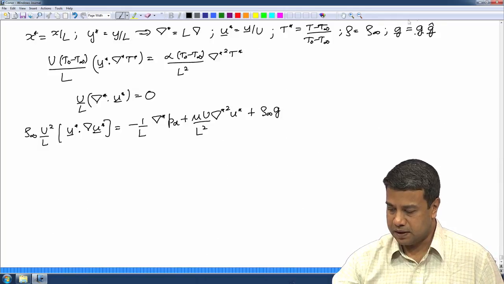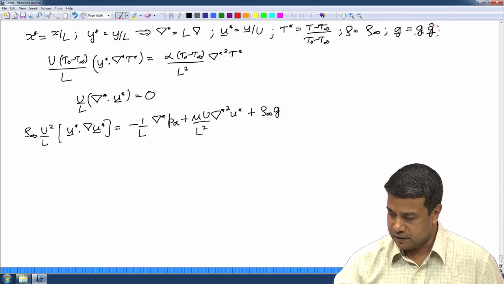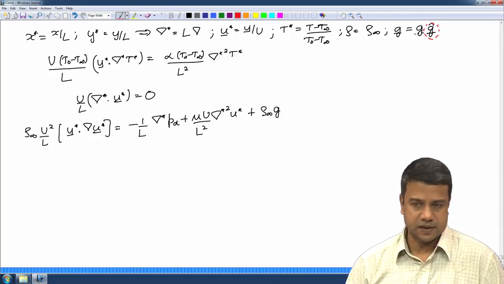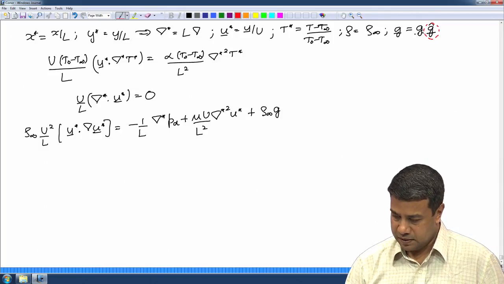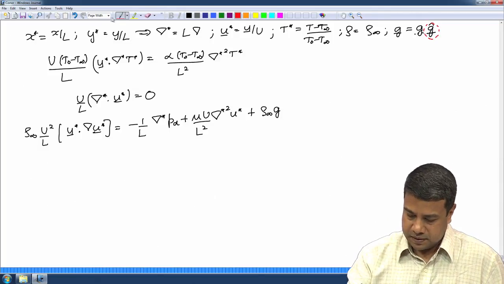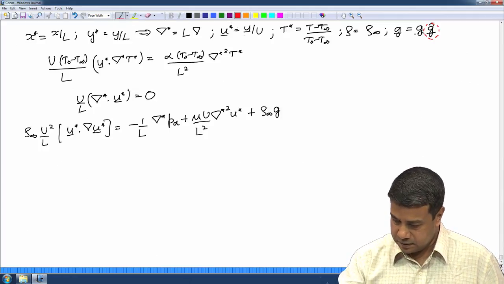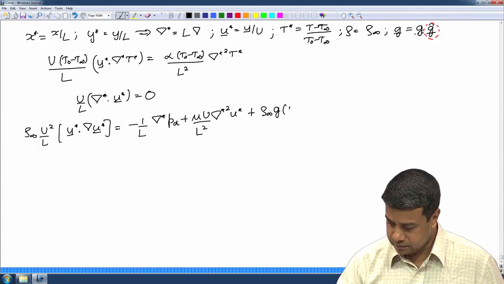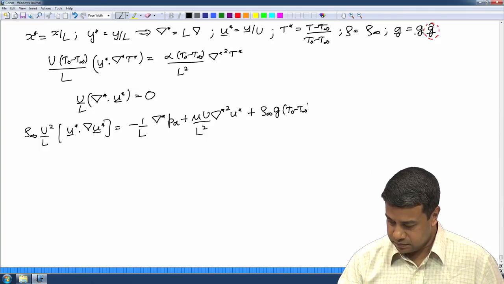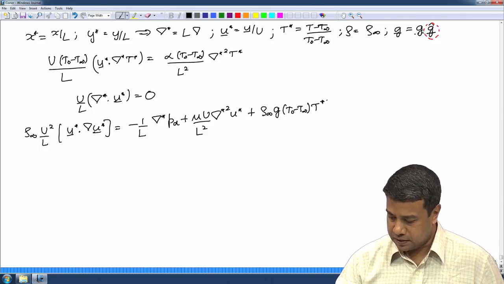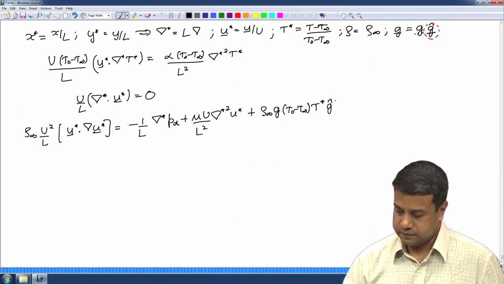So, this has unit magnitude. This just helps us to separate out the scales. So, this is equal to rho g into beta T star g hat.